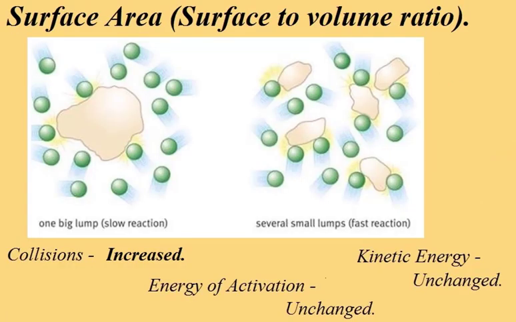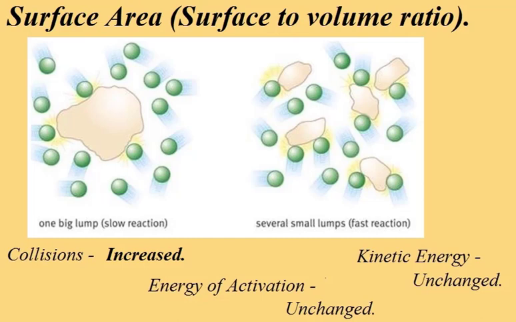If we look at a change in surface area, taking a big block of chemical and grinding it up into smaller pieces, that should change the amount of surface area in the sample. It will increase the amount of surface area. So the volume to surface ratio has been increased.